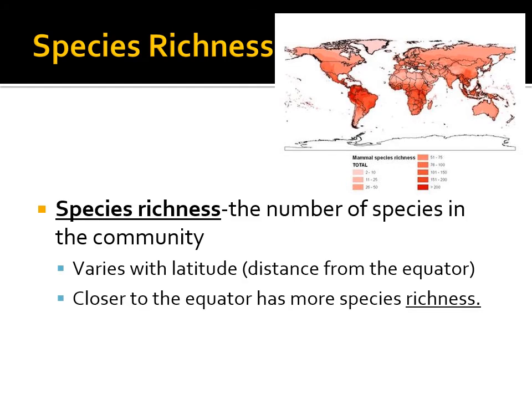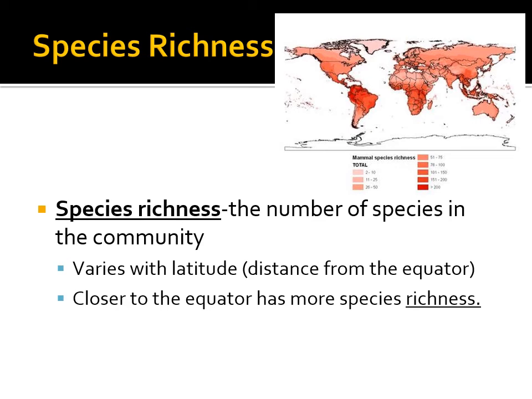With species richness, this refers to the number of different species in a community. This varies or changes with latitude, which is distance from the equator. So in this picture, up towards the top here, the areas that are closer to where the equator is, usually those places have a higher number of different species. This is where we find your tropical rainforest type areas, places that have a lot of different species.